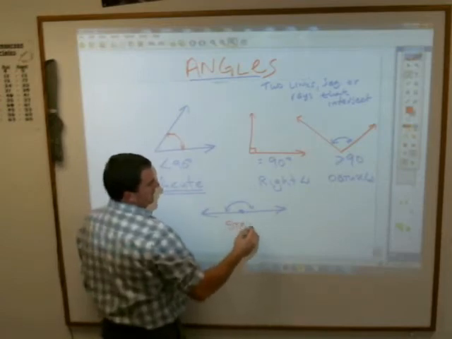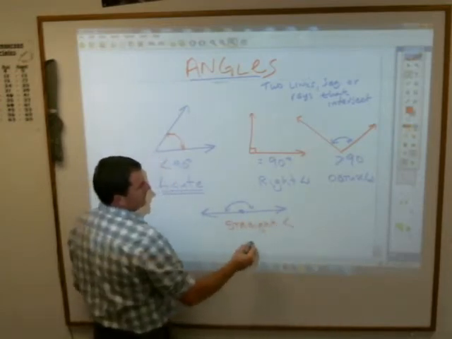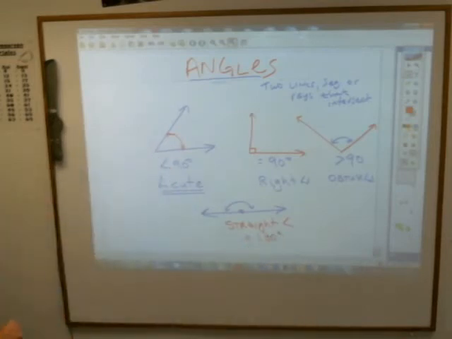It's called the straight angle. It is exactly 180 degrees. If somebody tells you to turn 180 degrees, they mean turn the complete opposite direction. If they meant you to turn all the way around, what would they say? 360.